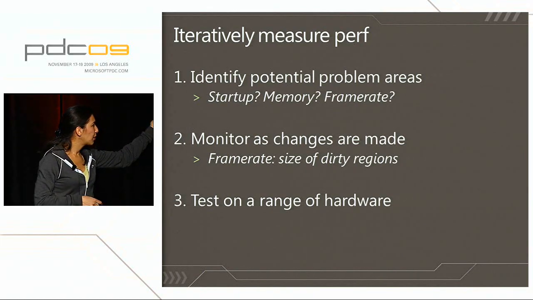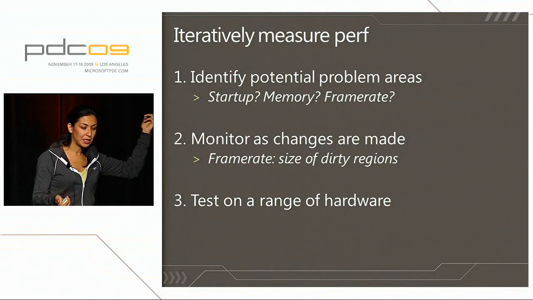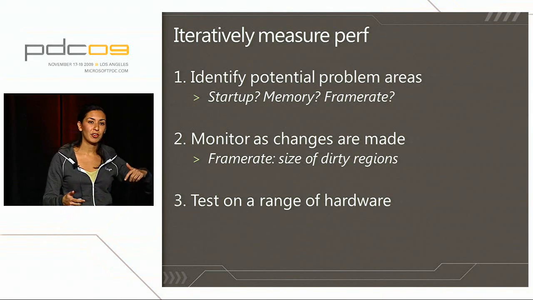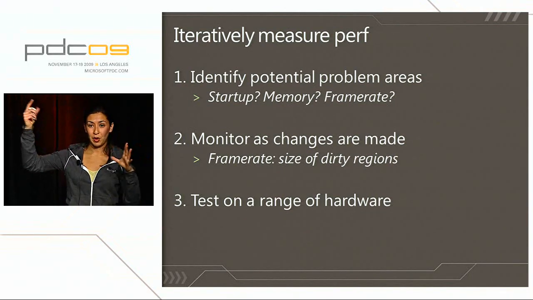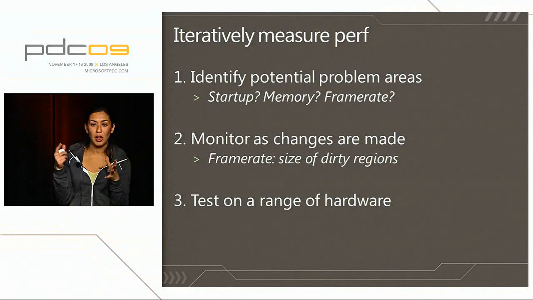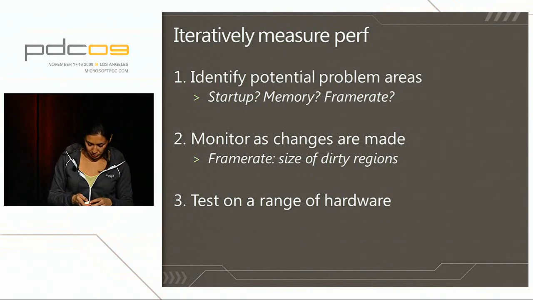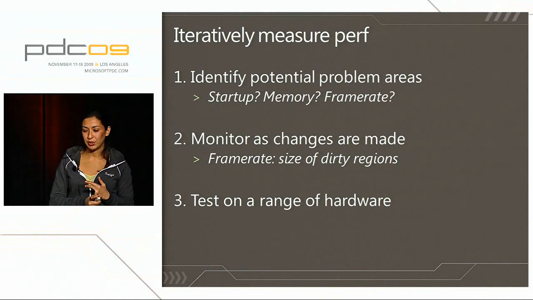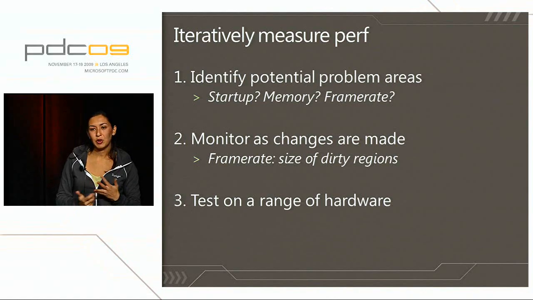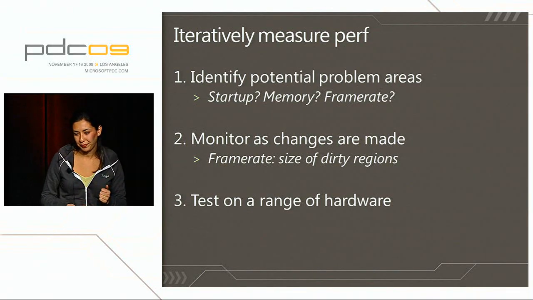So the big thing for an example would be on frame rate, you want to make sure that the size of your dirty regions, the size that you're invalidating of your application every frame is quite small or as small as possible. And we'll try to do a good job, but it's also up to you to figure out how frequently we have to draw and how much we have to draw. And then, of course, I suggest always proactively testing on a range of hardware.